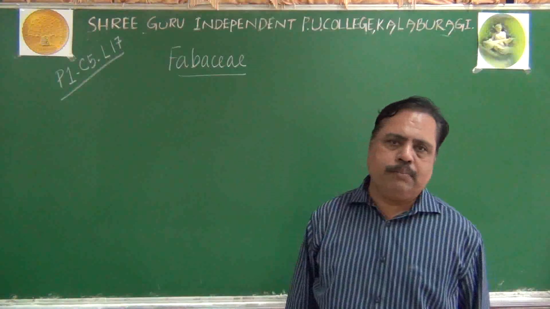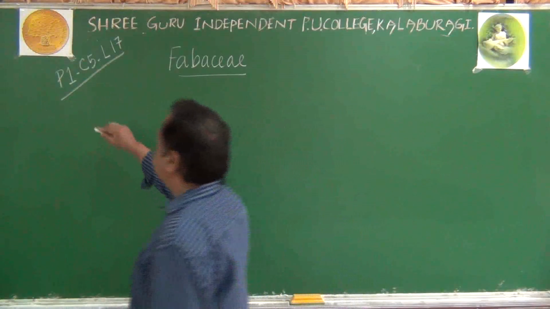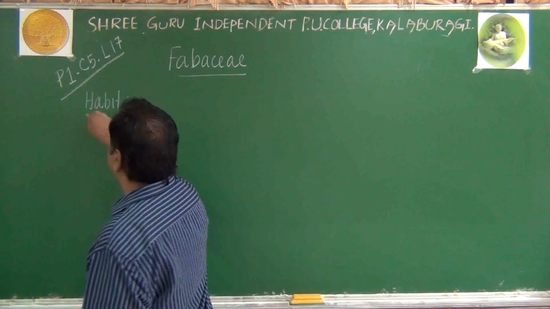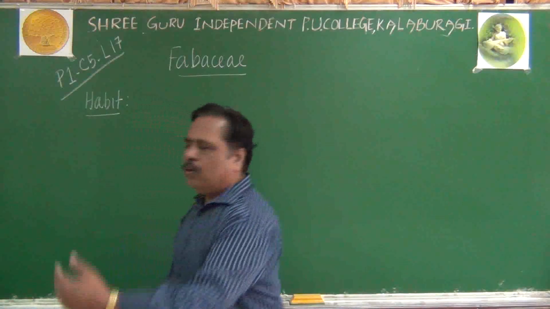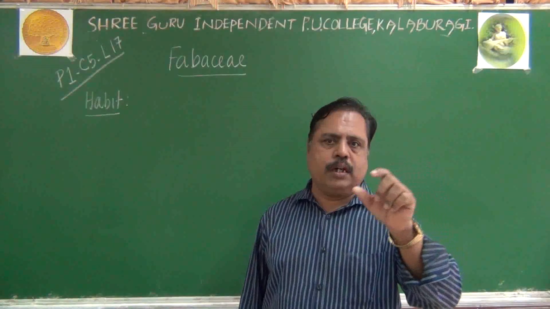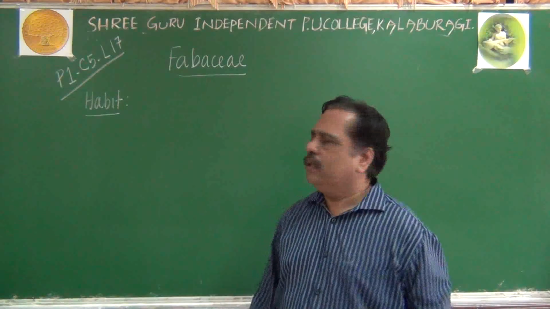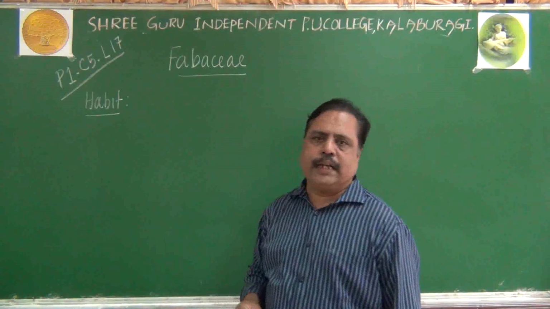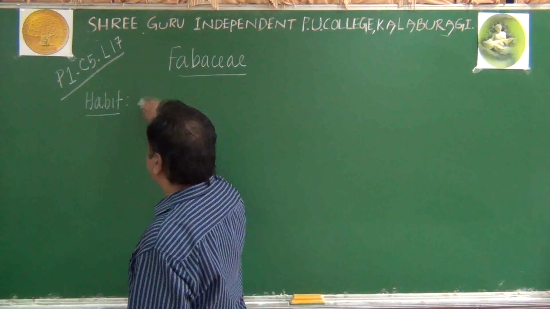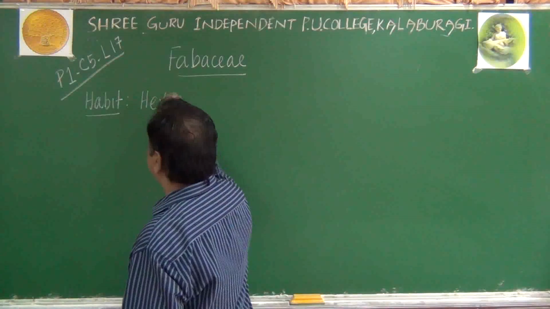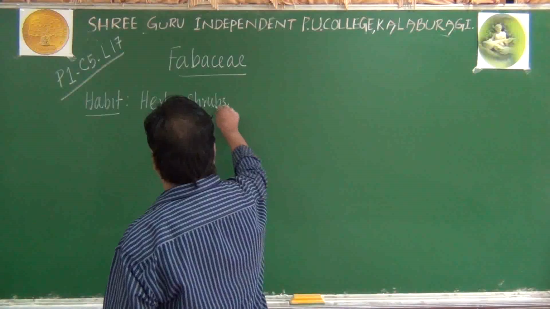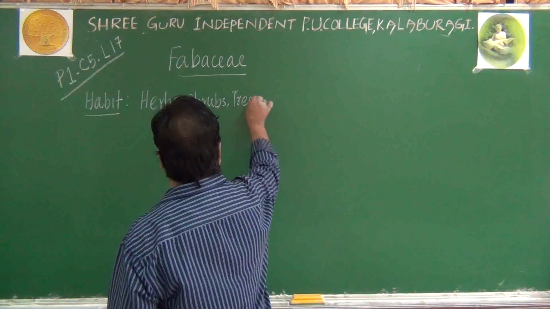Related to this Fabaceae, what is the habit of this family we must know. Already I told you what are the points to be described in a flower or in a family. First point is regarding its habit. As far as habit is concerned, some of them are herbs in nature, some of them are shrubs also, and other groups belong to trees.